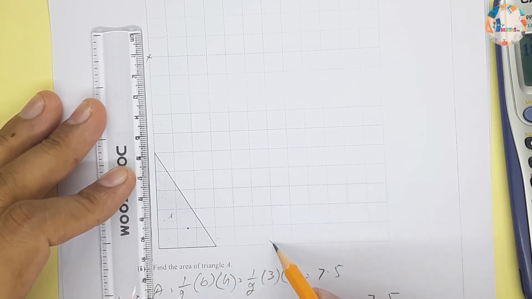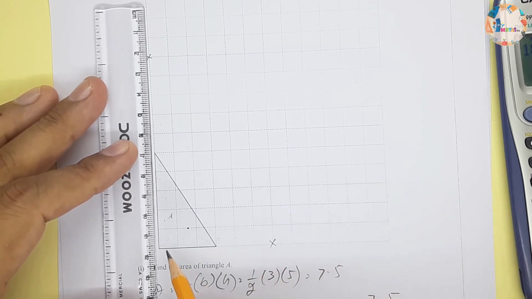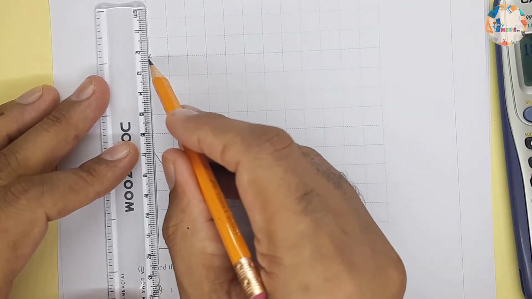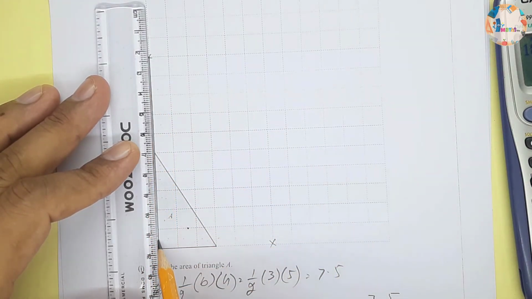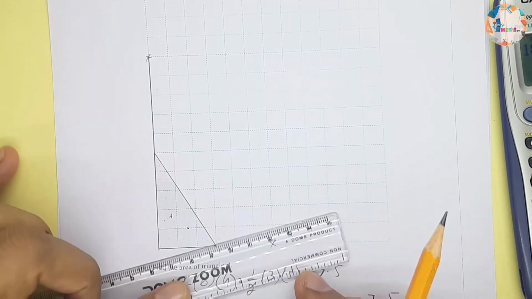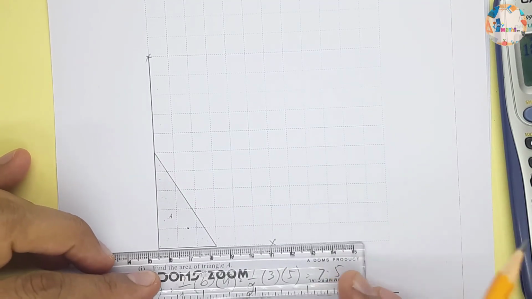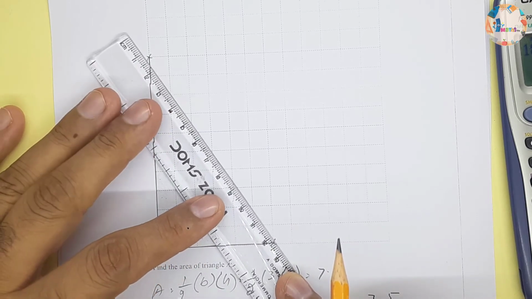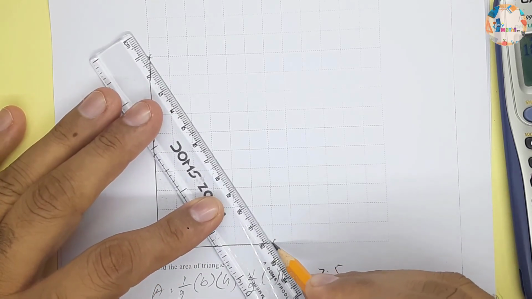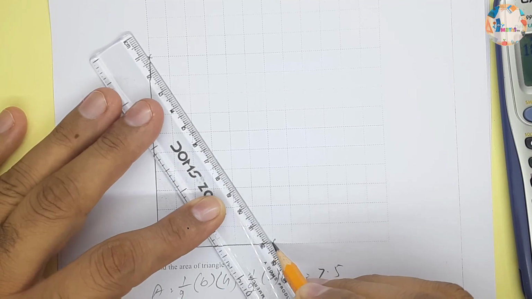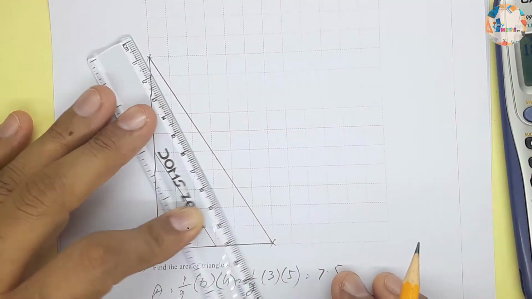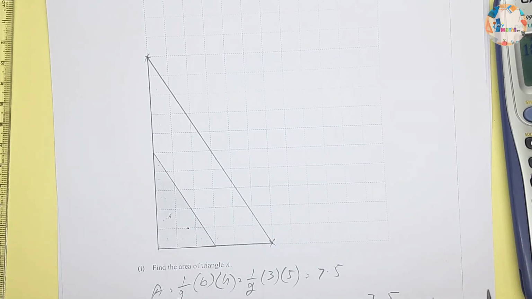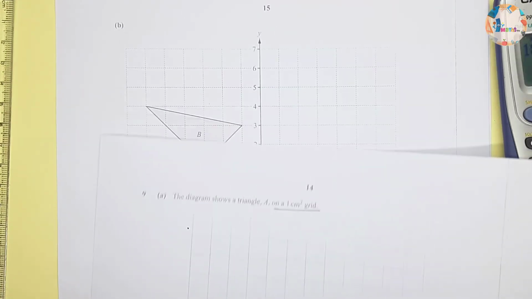So up to this one. So we can extend that one to this, and this will be the enlargement. And we can join these 2 points. So this is the enlarged drawing which we have drawn.